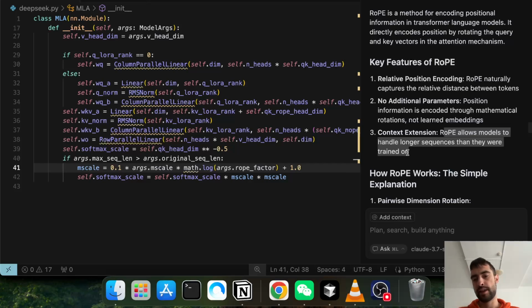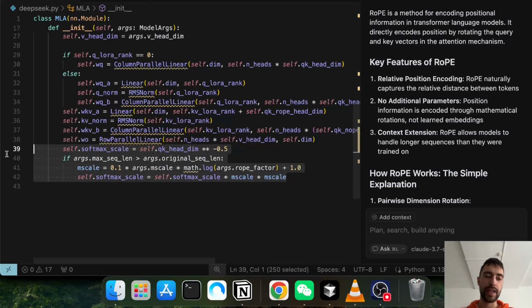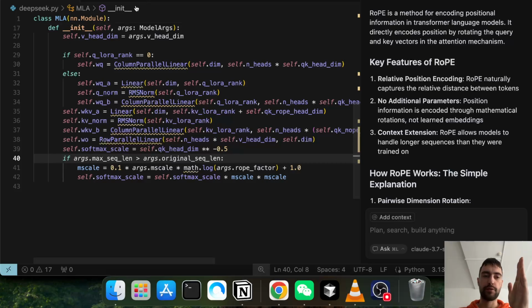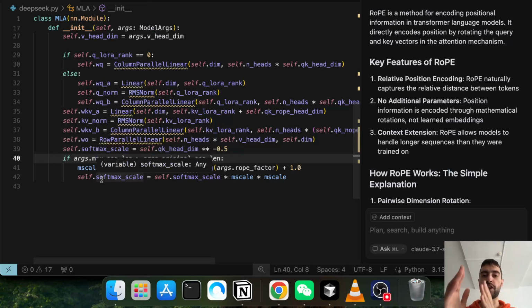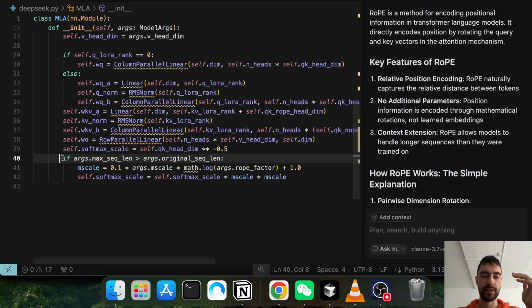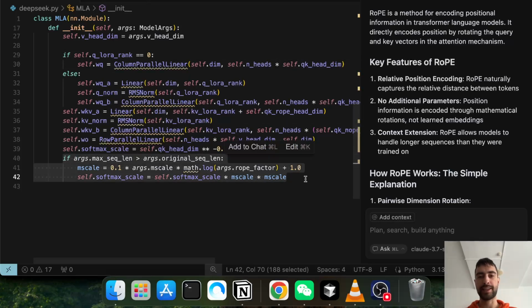I'm listing the advantages of rope before I explain how rope works. So if we are using a context for this transformer that's longer than what DeepSeek, this transformer, was trained on, the learned weights, then we can use this to extend the context window, which is allowed by rope.